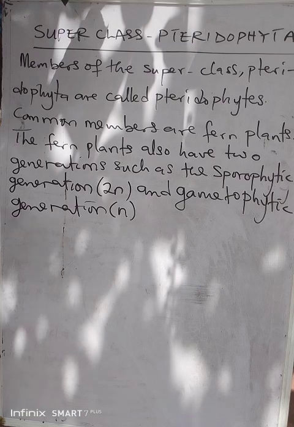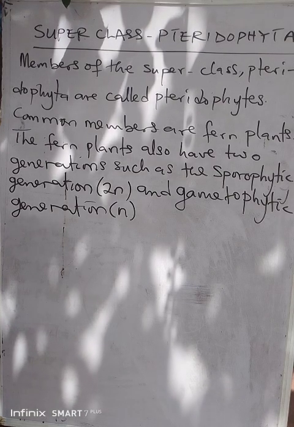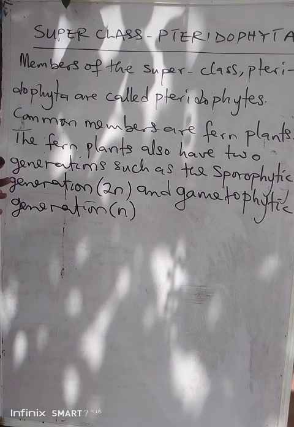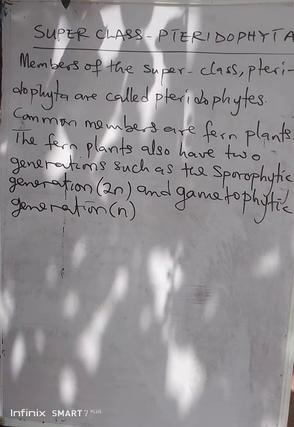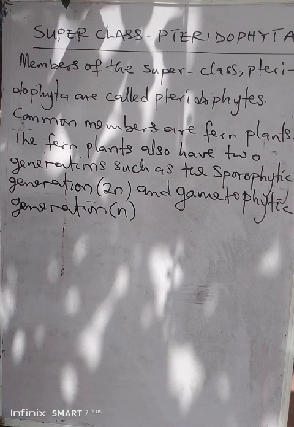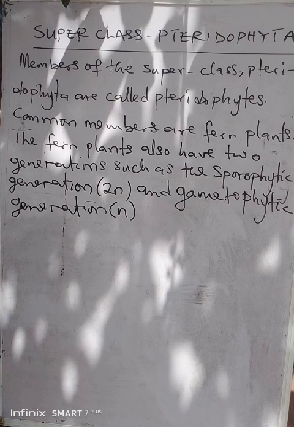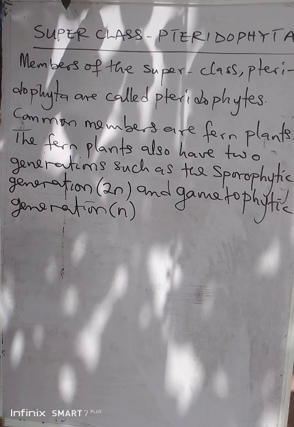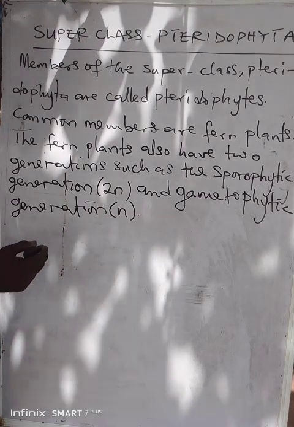So a gamete, an egg, has half of the total number of chromosomes in the body, while the sperm also has half of the total number of chromosomes. When they come together, n plus n will form 2n, which is the complete number of chromosomes. Now, that's not our business here.